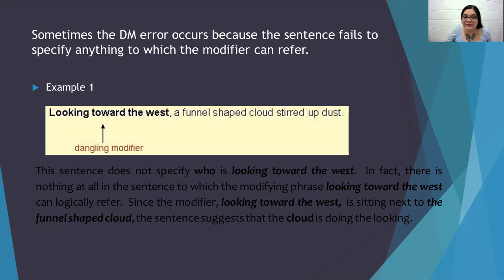In fact, there is nothing at all in the sentence to which the modifying phrase "looking toward the west" can logically refer. Since the modifier is sitting next to "funnel-shaped cloud," the sentence suggests that the cloud is doing the looking. And you cannot have a cloud do that because a cloud is a non-animated thing, right? So it's impossible or illogical.